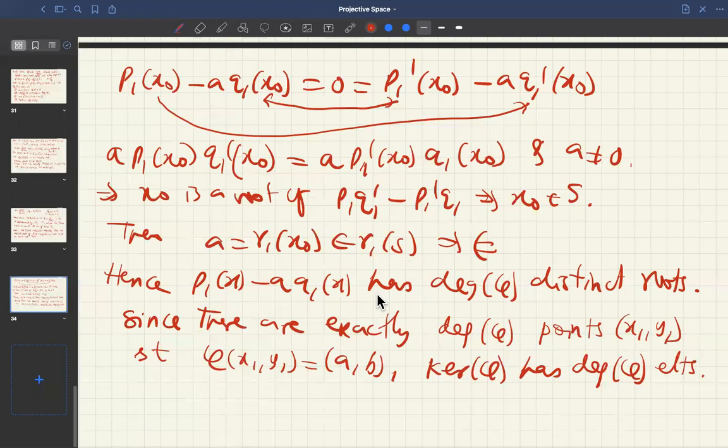Because AB is a point, and since phi is a homomorphism, by using the property of homomorphism, you can really see that the kernel has to have exactly degree of phi elements, since there are exactly degree of phi elements satisfying this.